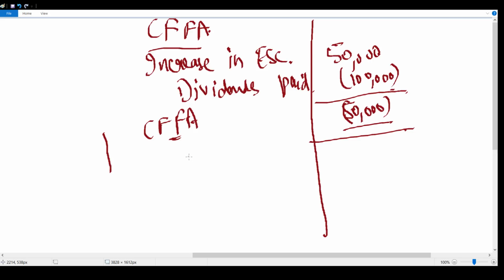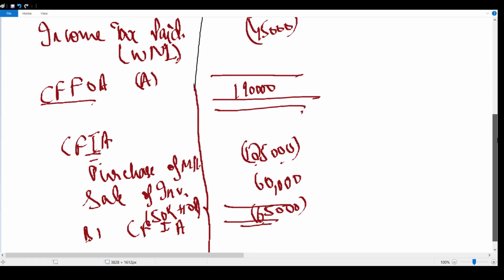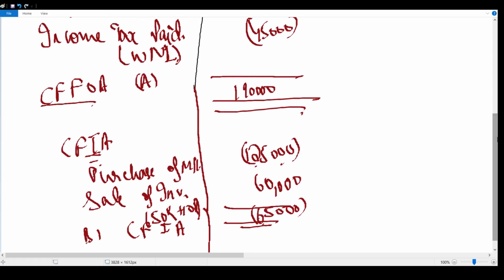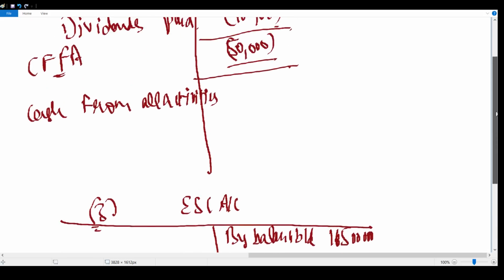Cash from all activities, now we will calculate: minus 50,000 plus 1,90,000 minus 65,000. 75,000 would be the amount.